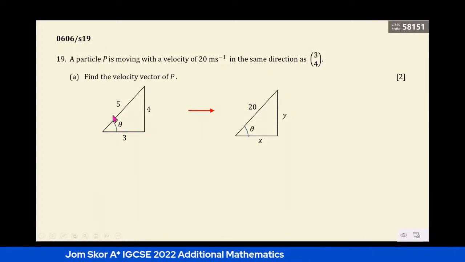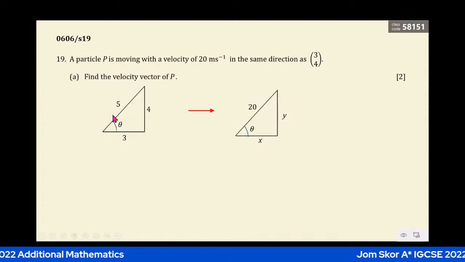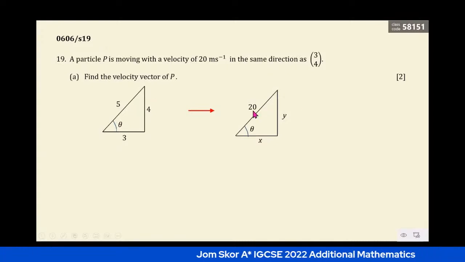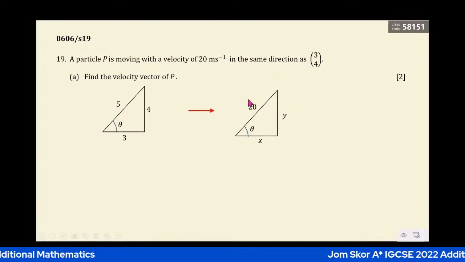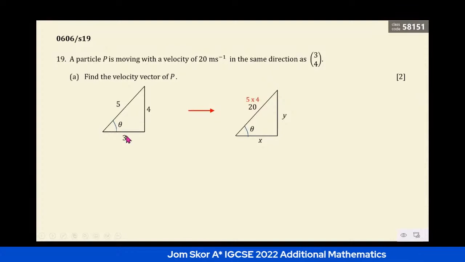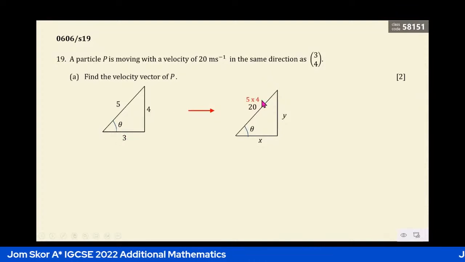When did we learn similar triangle? In Form 2, right? Or did we learn it in Form 1? The teacher doesn't remember either. Okay, Form 1 or Form 2 in maths you all learned. So similar triangle, 5 to 20. How do you get 20 from 5? You multiply 5 by 4. Therefore, 3 and 4 here will also follow the same ratio.